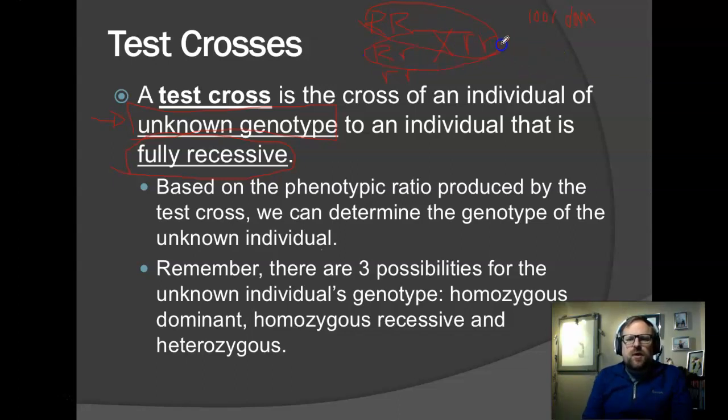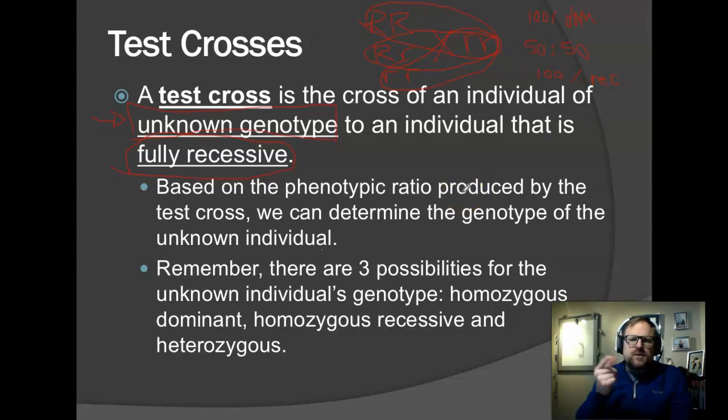If we did this cross here of the big R with little r, we would get a 50-50 ratio of the dominant to recessive expression. And then if we did this cross here, the two homozygous recessive, we would get 100% of them being recessive. Okay, I hope that makes sense.